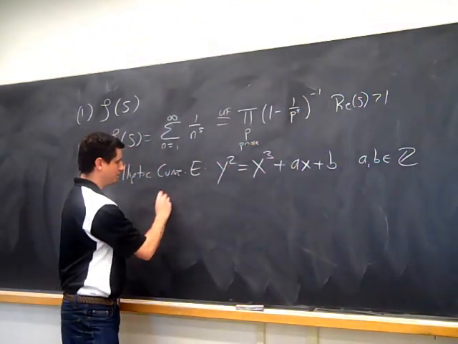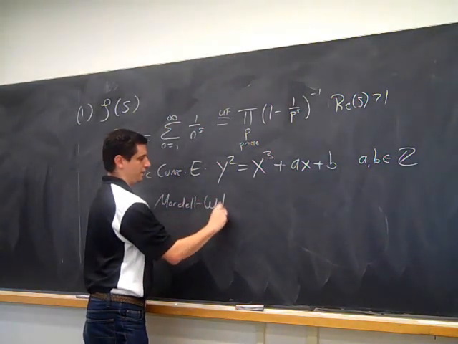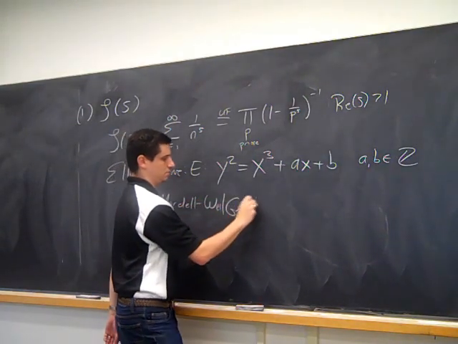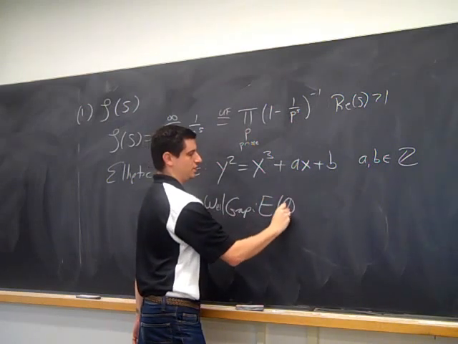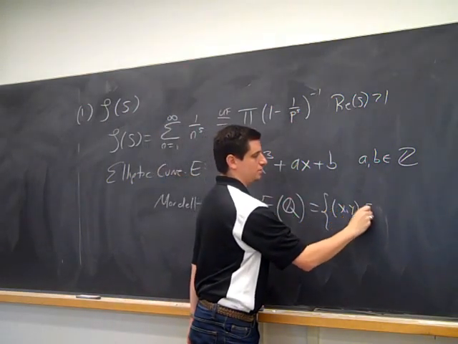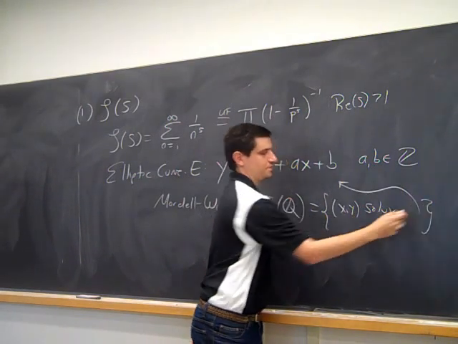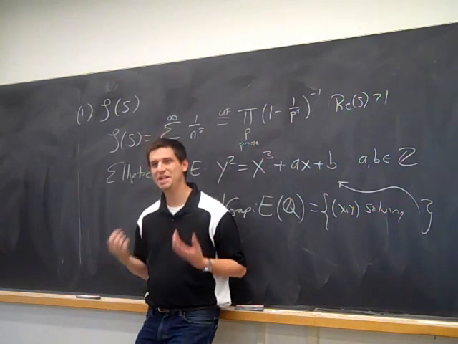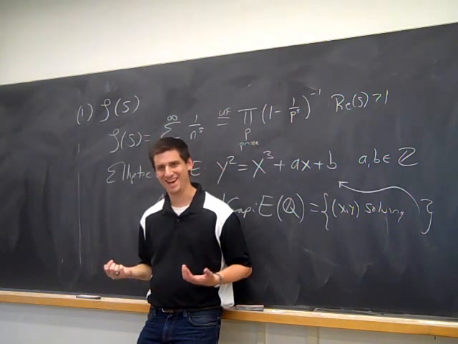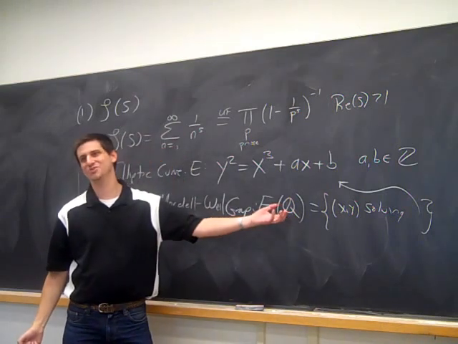And so we'll call that the Mordell-Weil group, and we'll denote it E of Q. It's the set of all x, y solving the above.